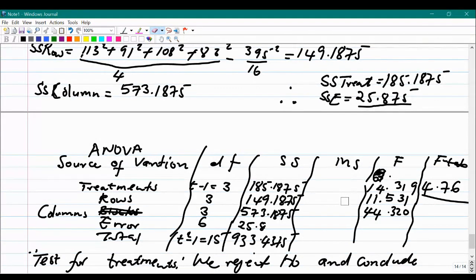No, sir, the values were right. The MS. What we're using, we're not using 25.865. I was using the 875. So you are sure that the values are correct. Yes. So write the correct information here.